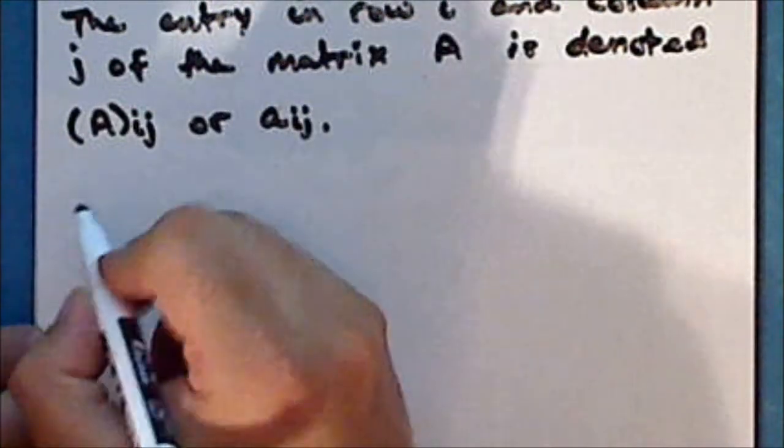Now a matrix is enclosed in either square brackets or parentheses.